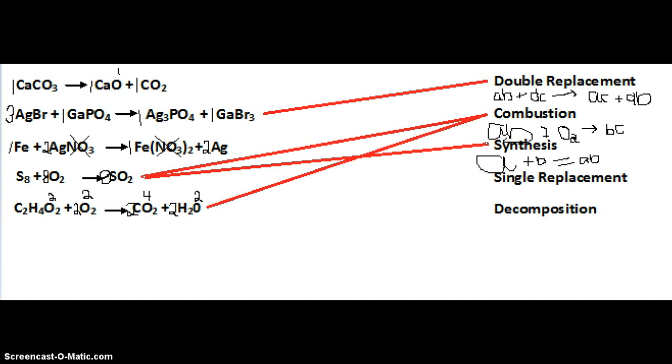The next one we've got is single replacement. Single replacement is different from double replacement in the sense that you only replace one of the elements. So it looks something like this. AB plus C equals AC plus B. So as you can see, the C and the B have simply been replaced.